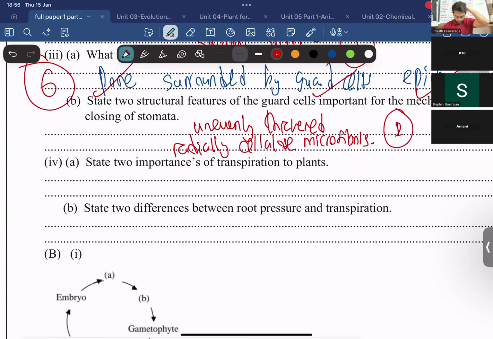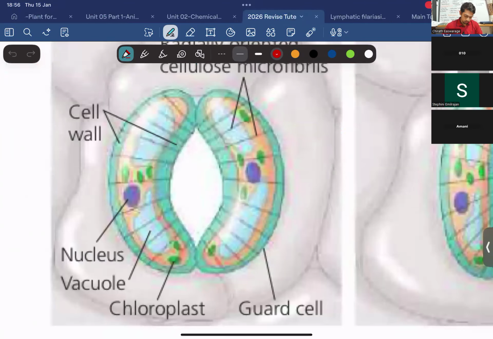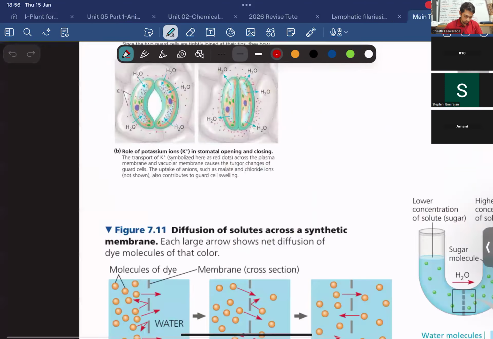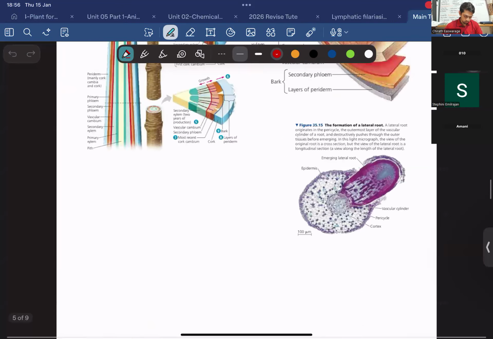State two importances of transpiration to plants. Why do we need transpiration as a plant? Transpiration pull is very important, no? Transpiration pull is the main method that plants use to transport water into the upper parts.